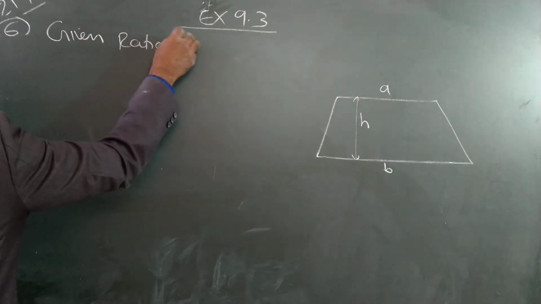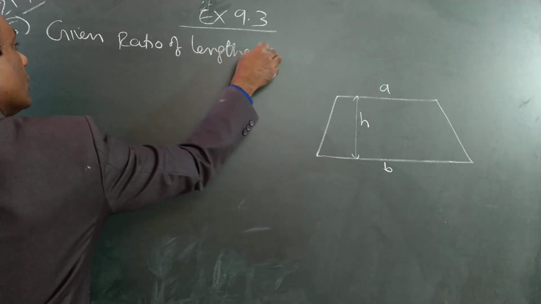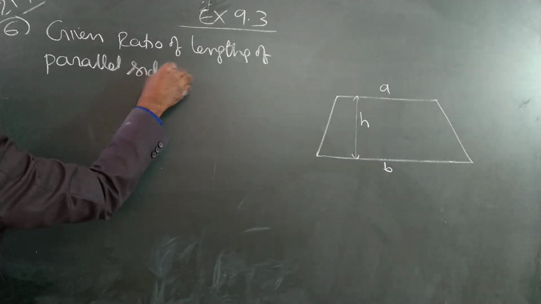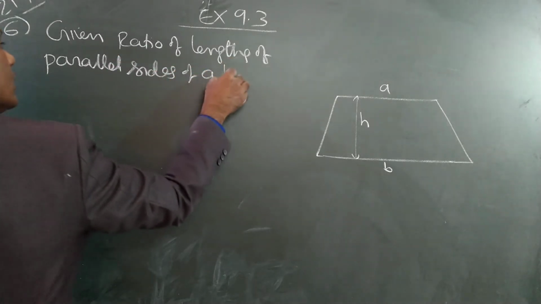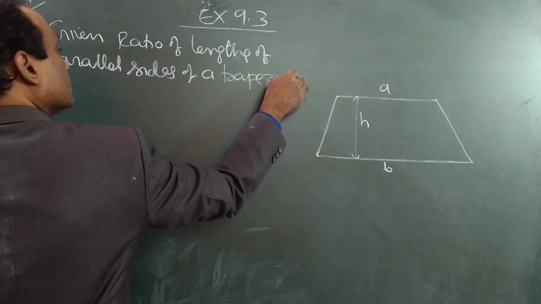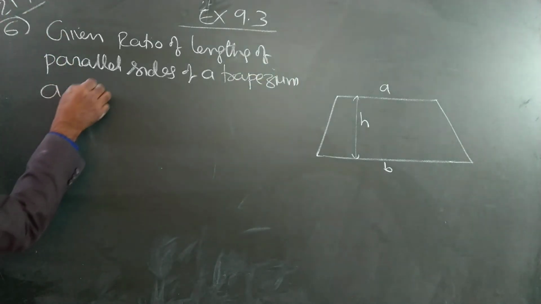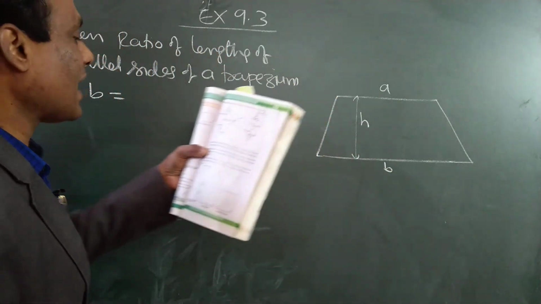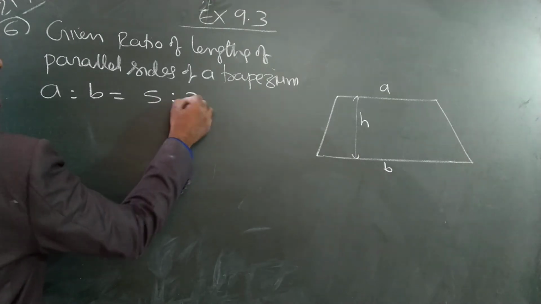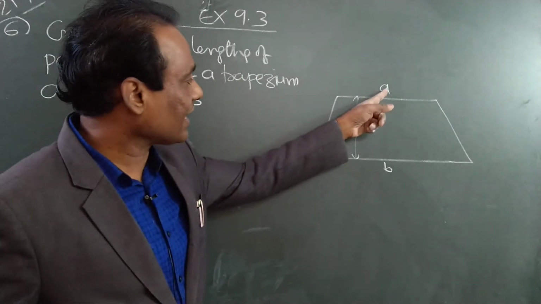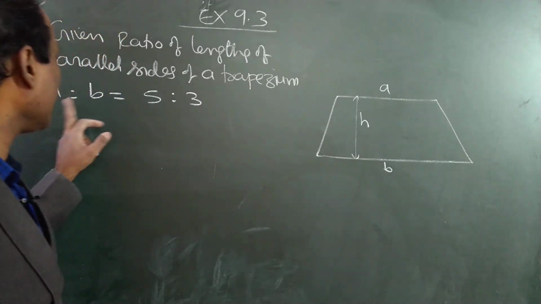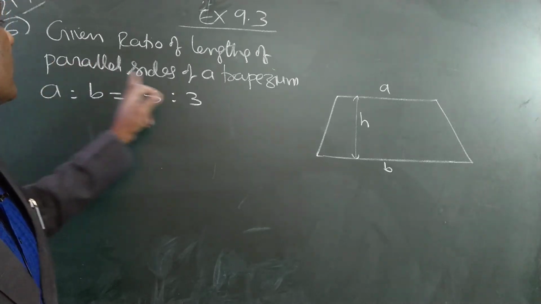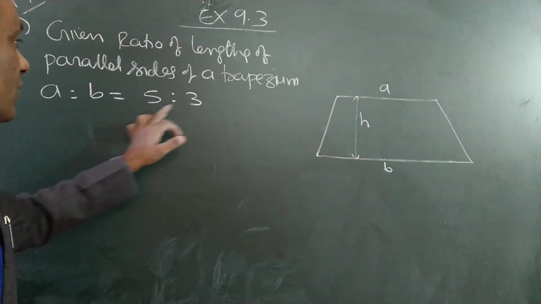That means A is to B, this side is to this side, is 5:3.